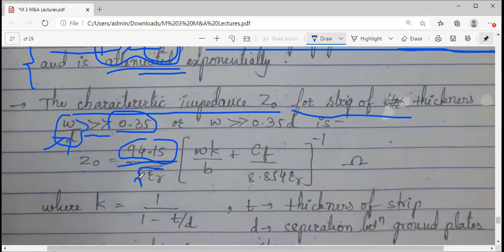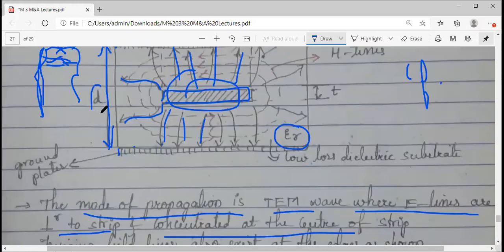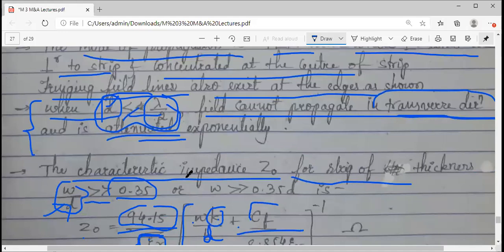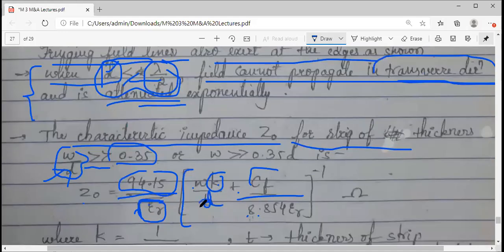Z0 is equal to 94.15 divided by root of epsilon r, into the bracket W K divided by D, plus CF divided by 8.854 epsilon r. Sorry, I think I have written B here. It should be D, because the symbol which we have taken is D. Make that correction, it should be D. So this is the expression for Z0 in case of shielded strip line, if W by D is far greater than 0.35.